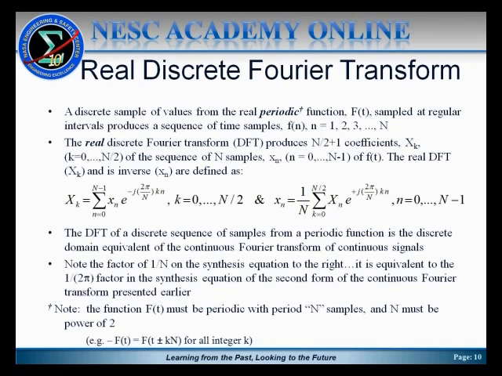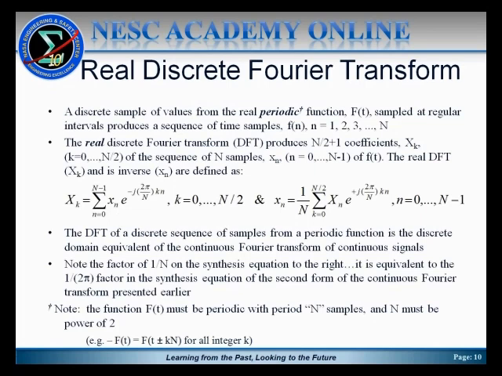The DFT of a discrete sequence from a periodic function is the discrete domain equivalent of the continuous Fourier transform of continuous signals. And again, as we pointed out earlier in the presentation, note the factor of 1 over N on the synthesis equation. That's the equation on the right that converts from the frequency domain, the DFT coefficients, capital X of k, back to the time domain sequence values x of n.